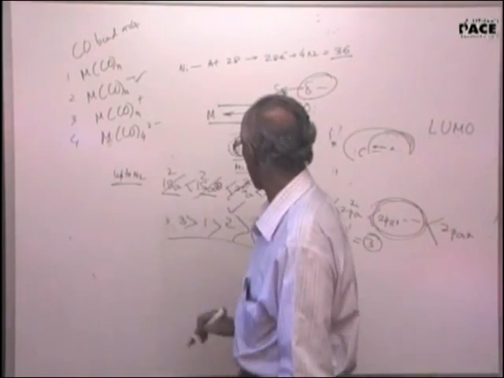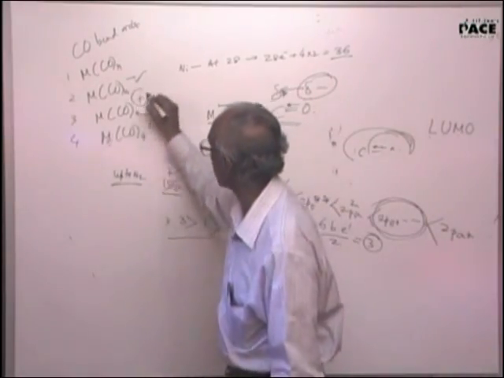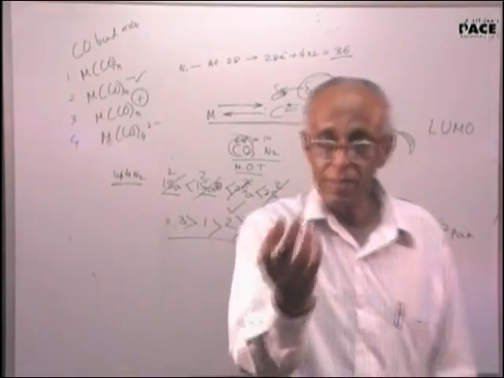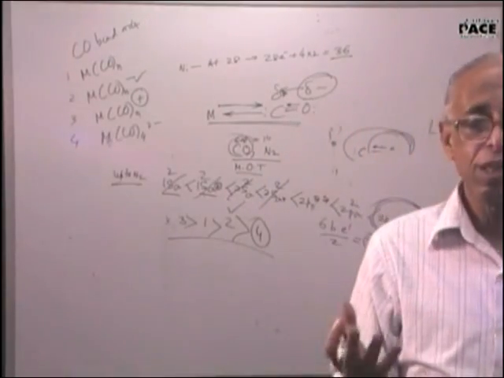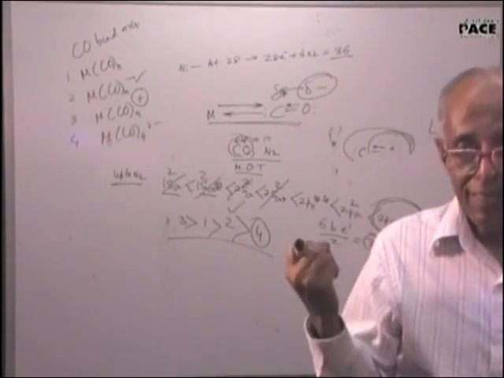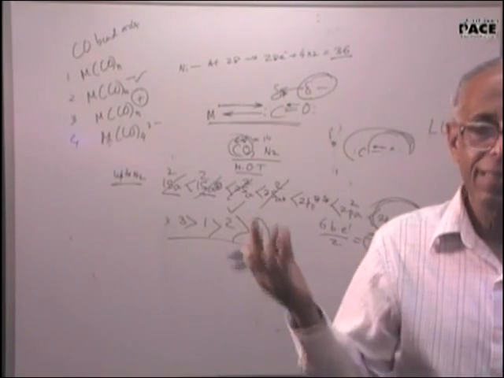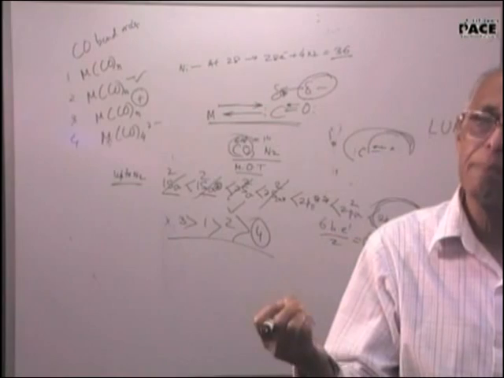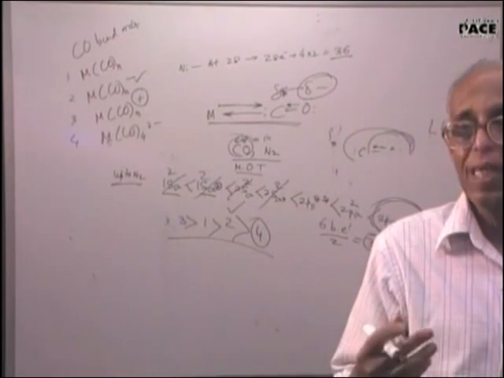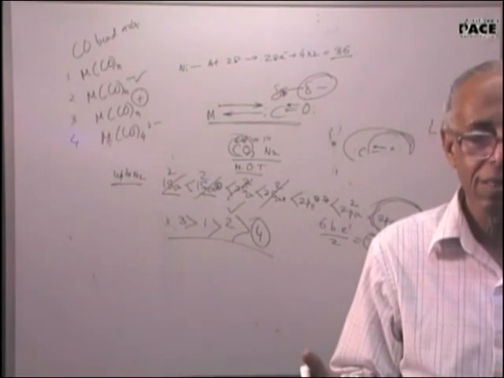Then 3, because the metal is positive, it is electron deficient, so it will not be a good donor. So the CO bond order will be high. And the metal at 0 is a better electron donor than M plus, because the metal has more electrons than M plus.